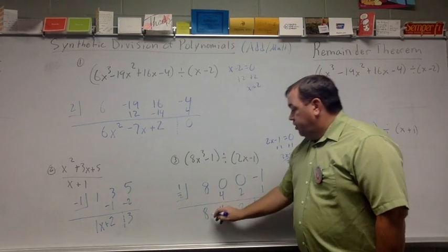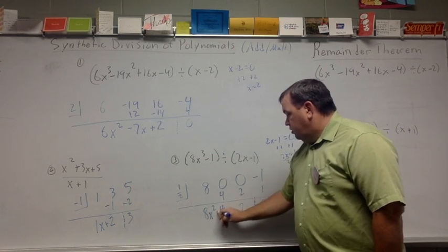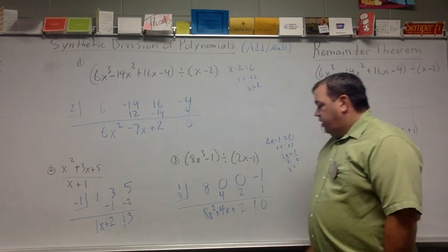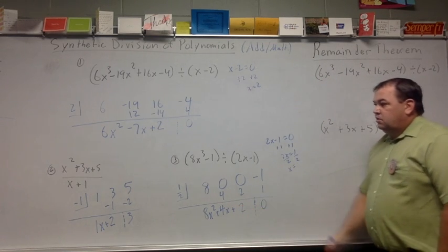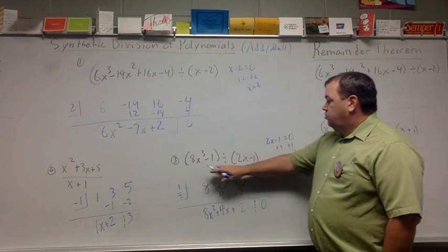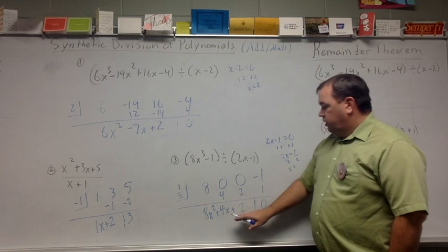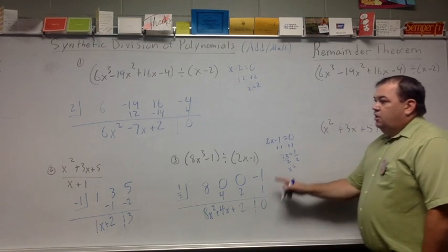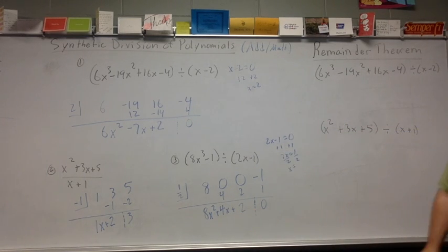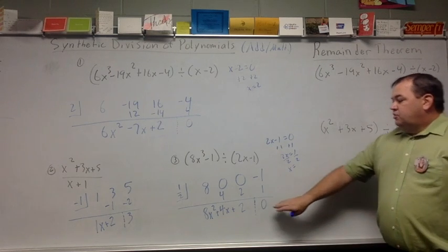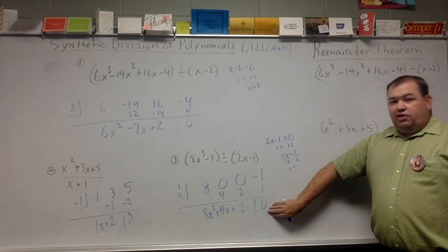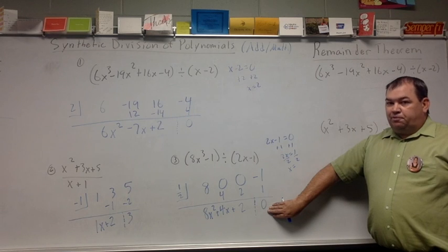We went from a cubic back to a quadratic. So x cubed minus 1 breaks down into 2x minus 1 and 8x squared plus 4x plus 2. So what we're demonstrating with both of these methods is this idea of, do we have an answer? Do we have a linear factor for our polynomial?